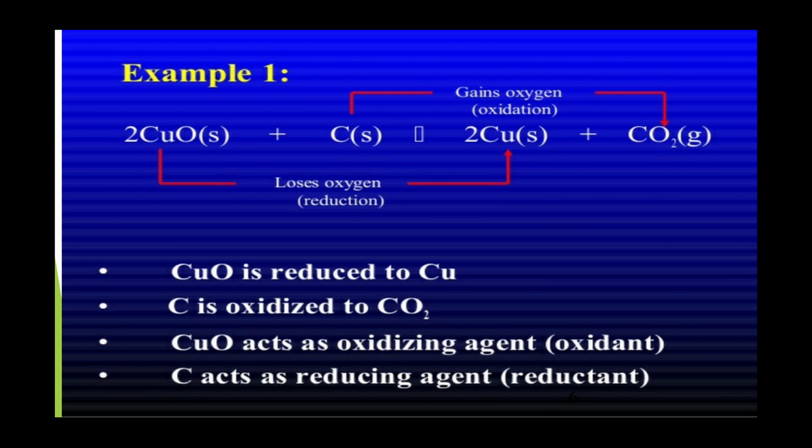That is, copper oxide is reduced to copper. Now our second reactant is carbon. It gains oxygen from copper oxide and hence it is oxidized to carbon dioxide. That is, carbon is oxidized to carbon dioxide.